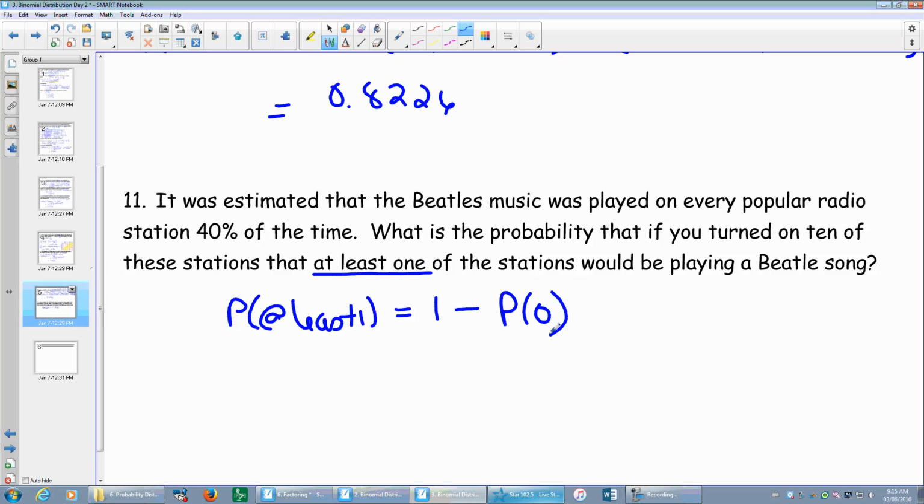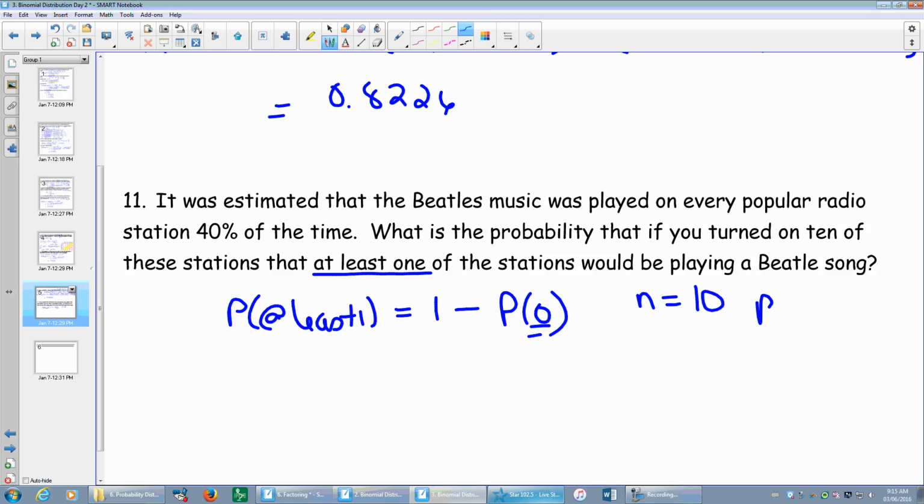What would be my n value here, Johnny? N is the number of trials that I do. We know we have k value here.